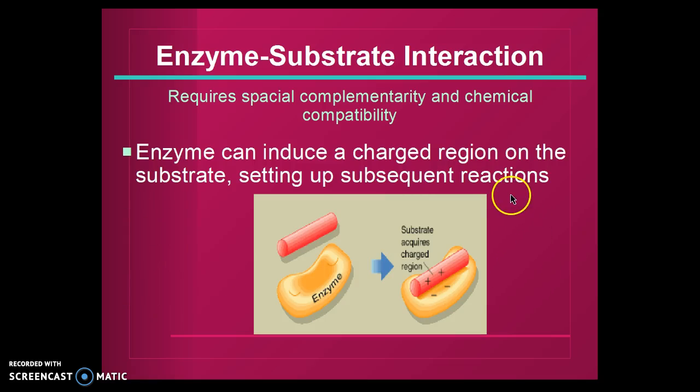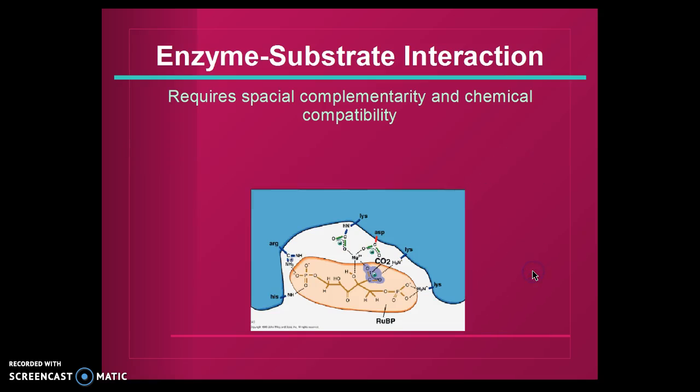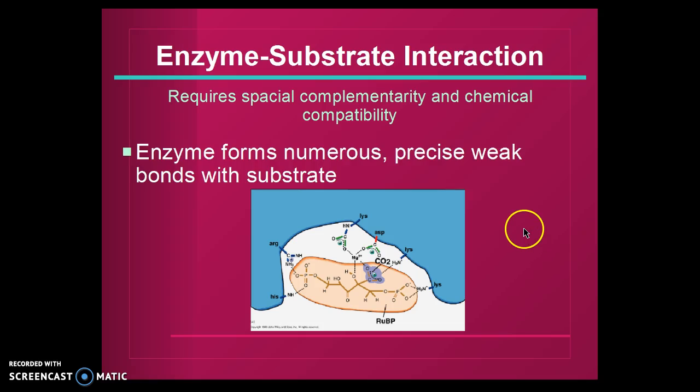Here is an example of a simulation where an enzyme induces a charged region on the substrate. So here's your substrate, here's your enzyme, and as they come together, the substrate acquires a partial charge on one of its regions, perhaps by induction. Enzymes will form numerous and precise weak bonds, mostly hydrogen bonds, with the substrate.